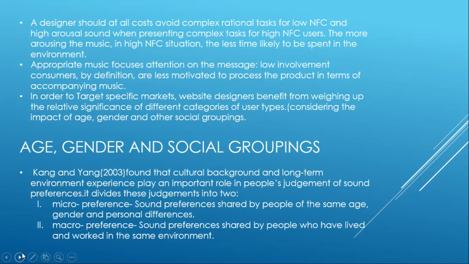It divides this judgment into two: the micro and the macro preferences. The micro involves sound preferences shared by people of the same age, gender, and personal differences, while macro preference involves sound preferences shared by people who have lived and worked in the same environment.